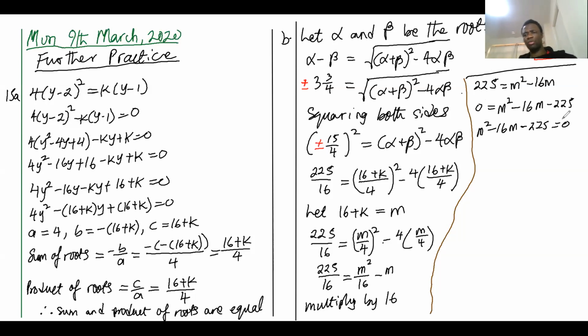So what are the factors of 225 that give 16? Calculator and investigate. We could check if we can get the factors first by doing b squared minus 4ac. So b squared minus 4ac gives 1156.